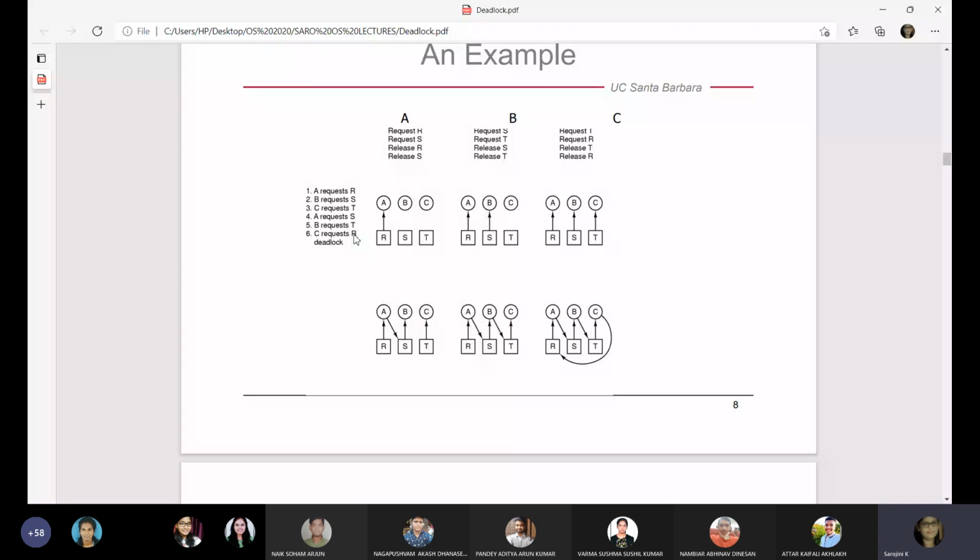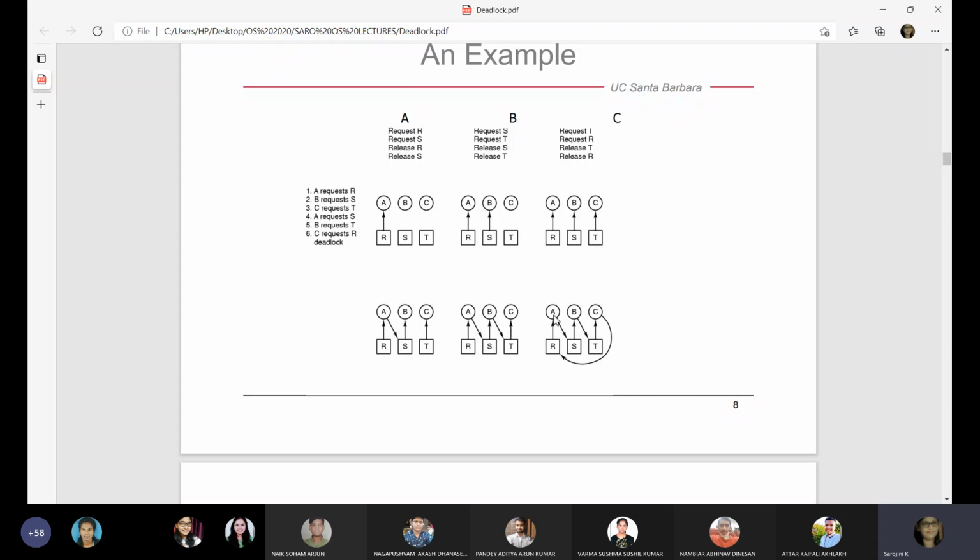Now here a deadlock is going to happen. C requests R. C is already holding T, but it is requesting R. Now look at this. A circle happens.